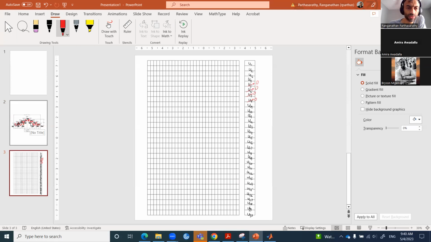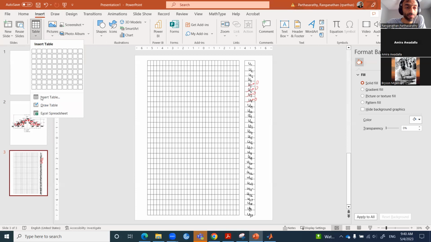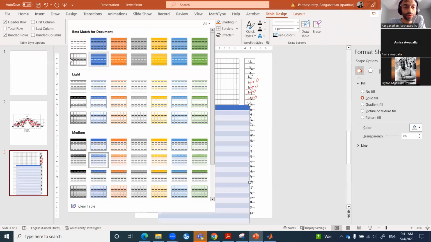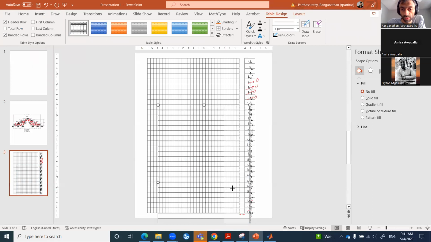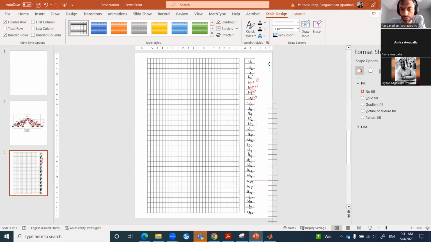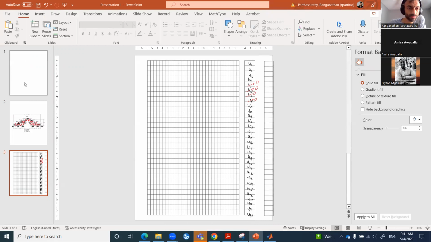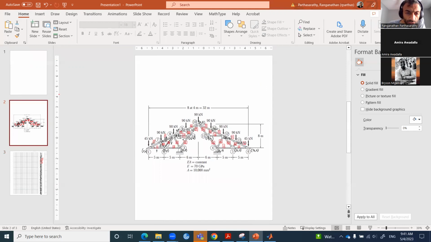Now for your forces, let's put the matrix of external forces. So F1 is nothing, F2 is negative 45.